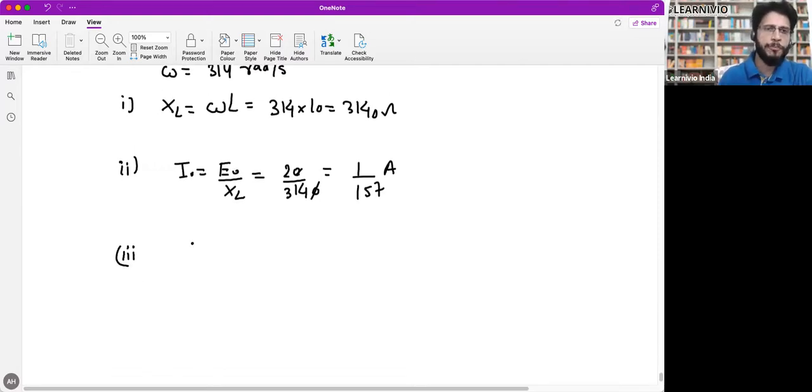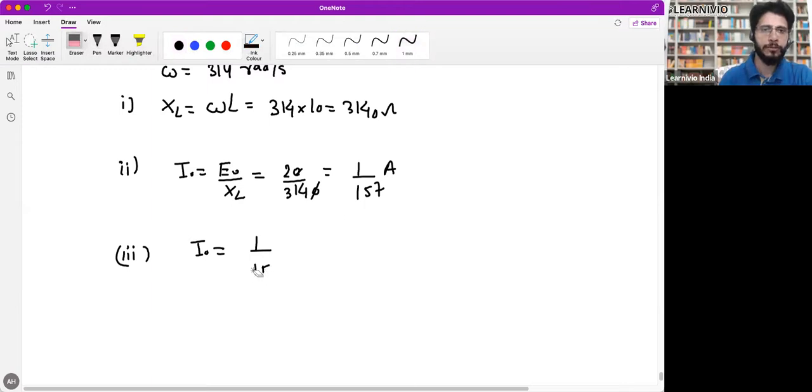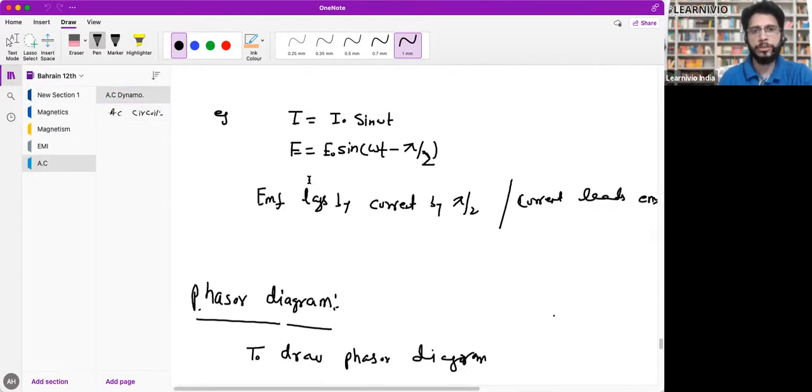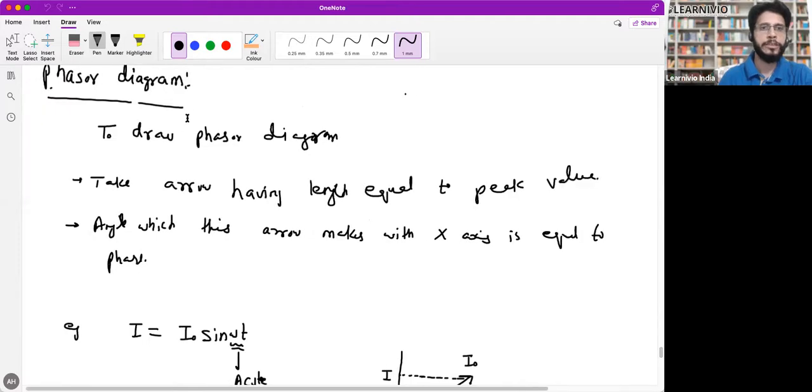Okay, Mariam, you know peak value of current is 1 by 157 ampere. Can you calculate RMS value from peak value? What is the RMS value if you have peak value? It's a straightforward thing. You have I naught, you need RMS. This was in the very first class of AC.